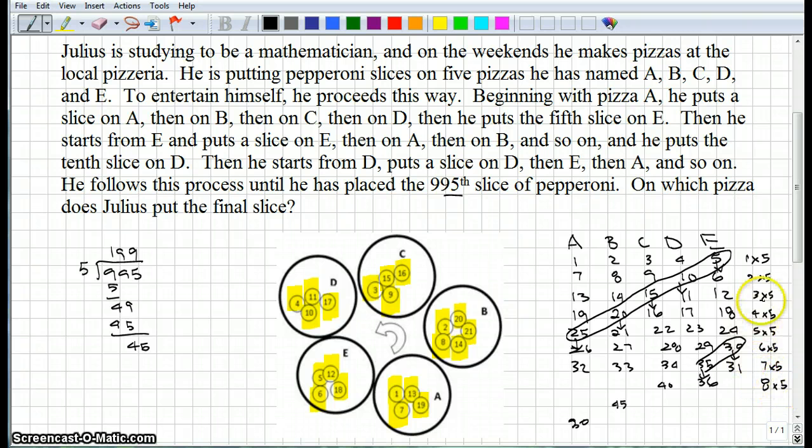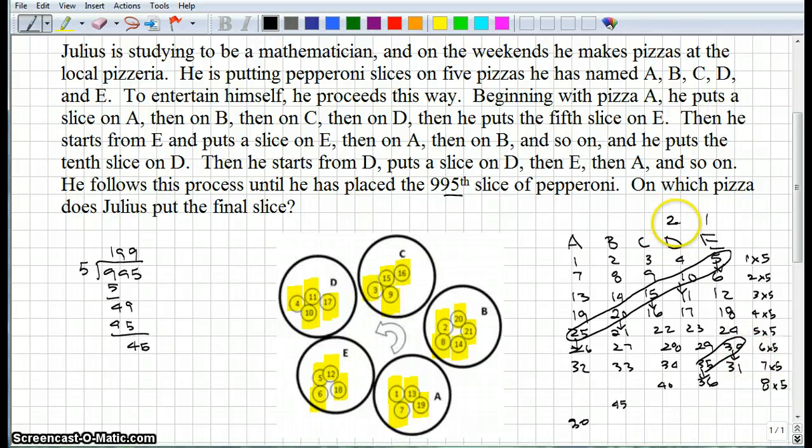And if you notice, we can look at the remainders on these multiples of 5, and you can see that the remainder here, if we divide 1 by 5, we get 1, and again 6 by 5 is a remainder of 1. And for D here, you can see we have 10 and 35, and 2 divided by 5 has a remainder of 2, and 7 divided by 5 has a remainder of 2.